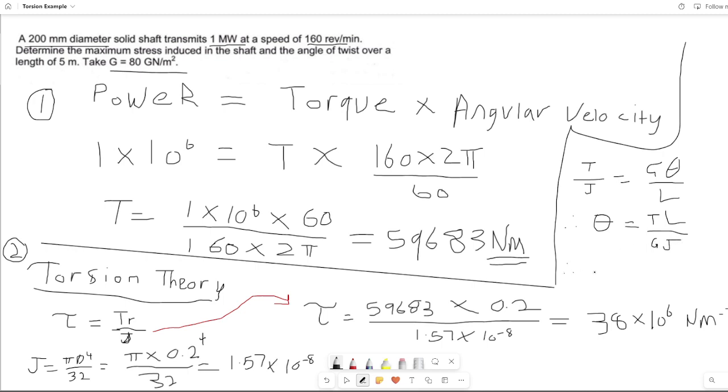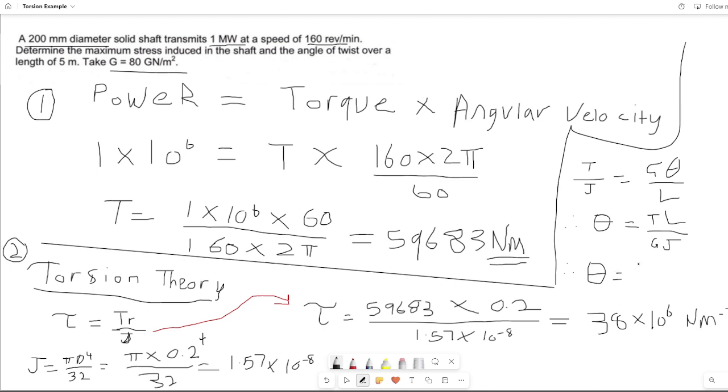So if we now substitute the values into this revised formula, we would then be able to get the angle.